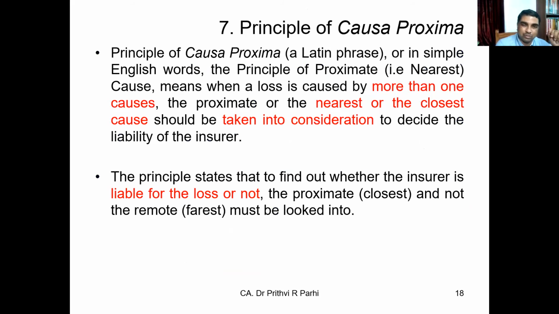For example, let us say there is a fire accident, and the house is insured against fire, but the fire was caused by lightning. The insurance company may say that lightning is not covered in the insurance policy, therefore compensation will not be paid.